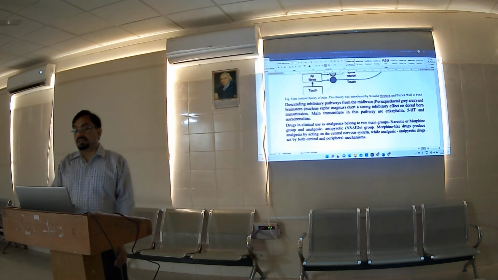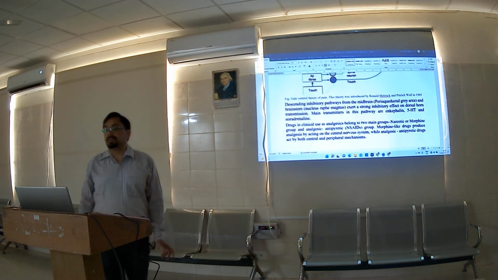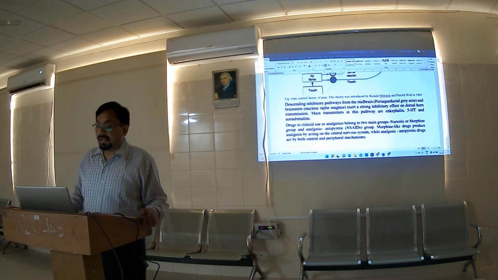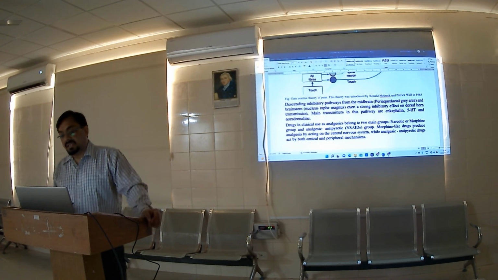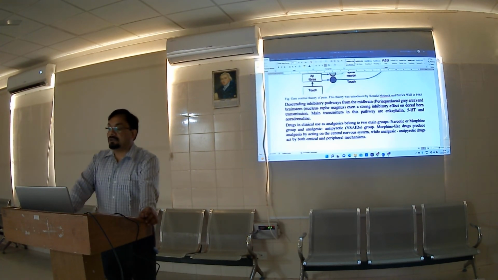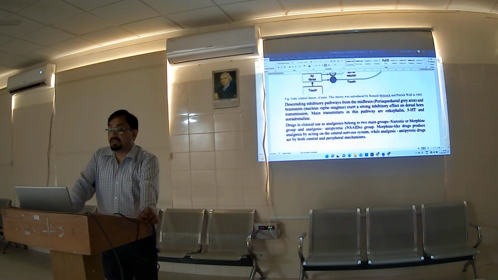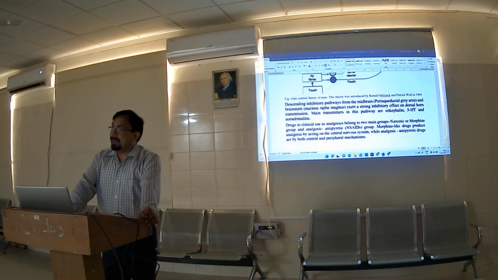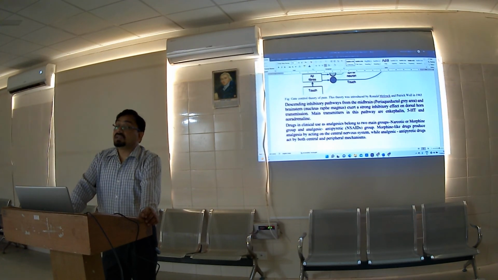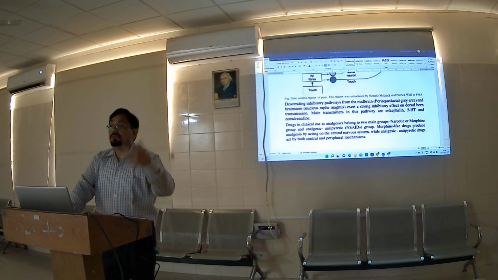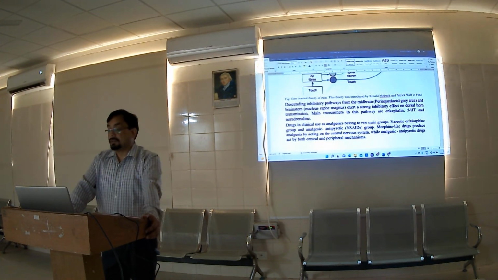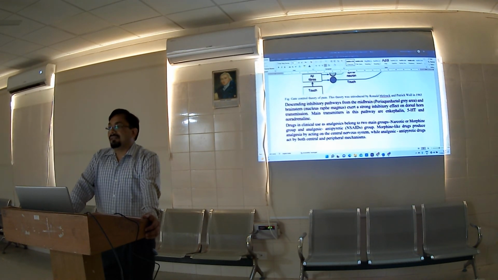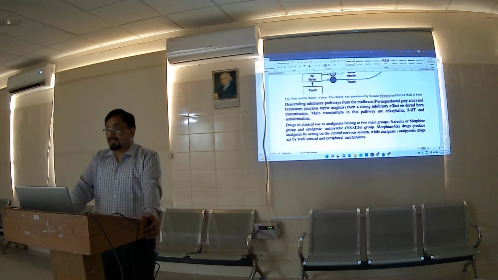The descending inhibitory pathway from the midbrain and brain stem exerts a strong inhibitory effect on dorsal horn transmission. The main transmitters in this pathway are enkephalin, 5-hydroxytryptamine, called the feel-good neurotransmitter, and noradrenaline. Noradrenaline is responsible for fight or flight.